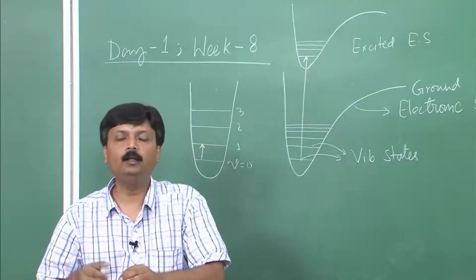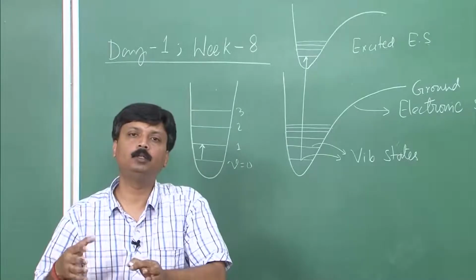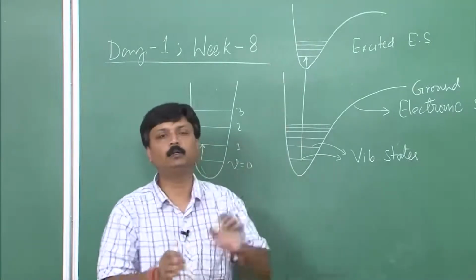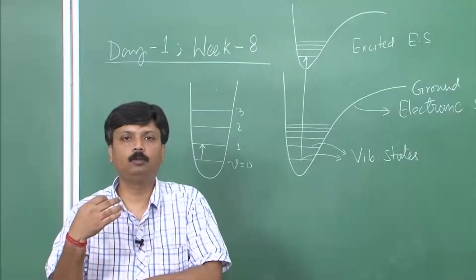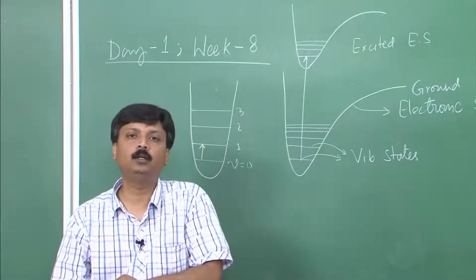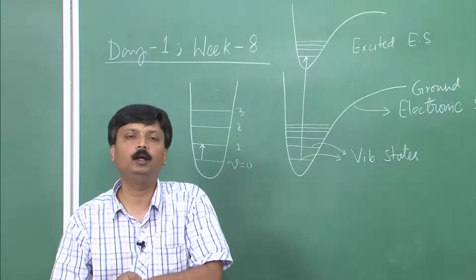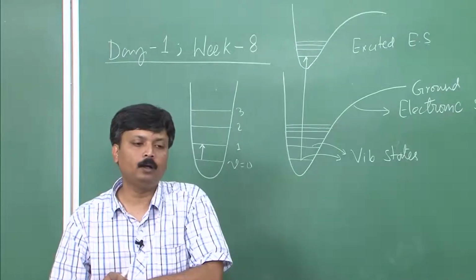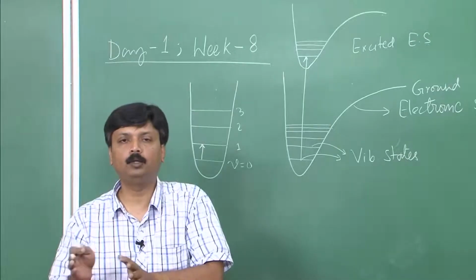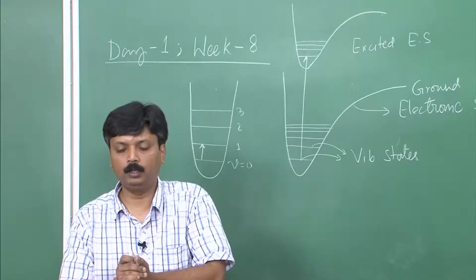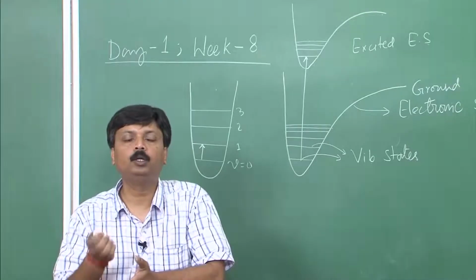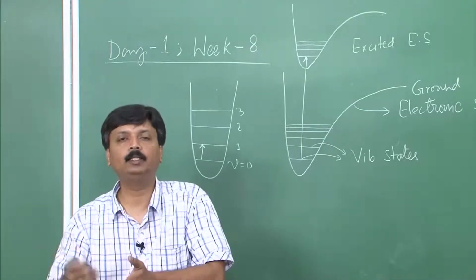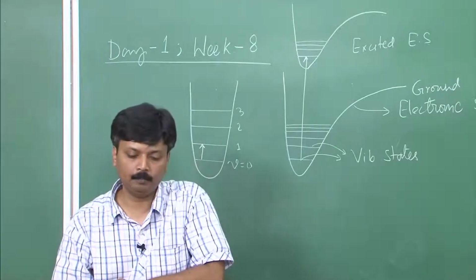Now, in general, when we look at ensemble level spectra involving transitions between two electronic states, the fine rotational transitions are blurred. In most cases, vibrational lines will also be blurred, but within a limit of temperature, that is, if you cool down the system quite a bit, then I can see the vibrational lines and even in some cases rotational lines as well.